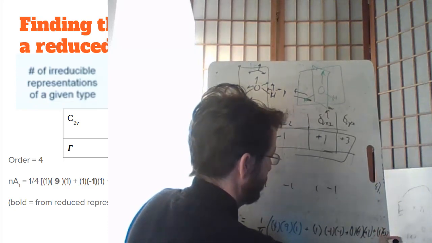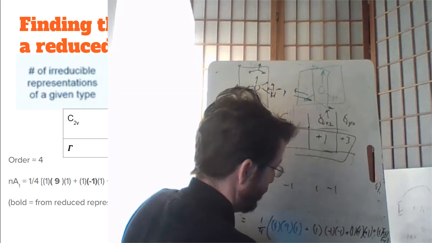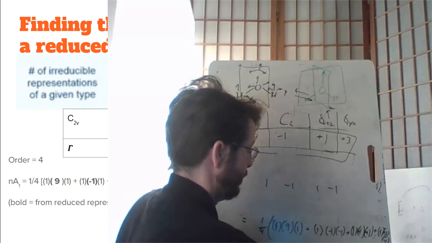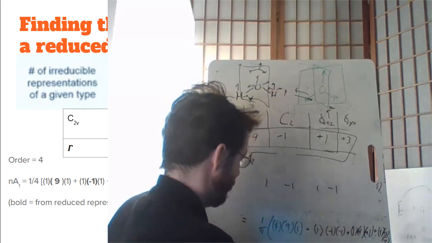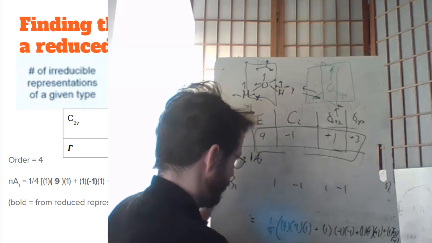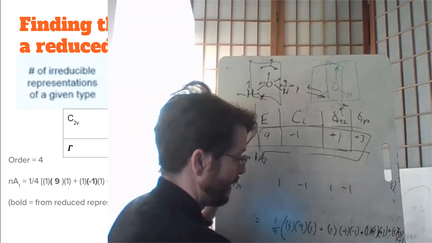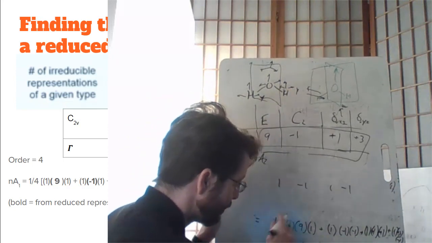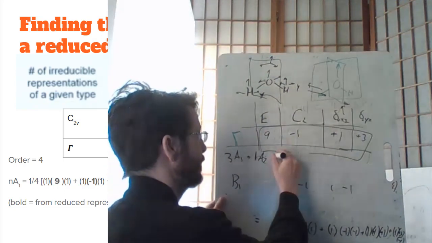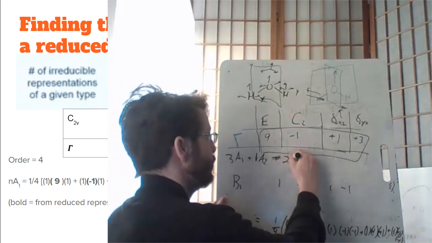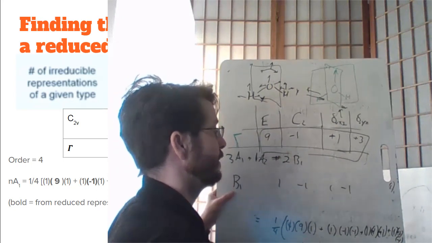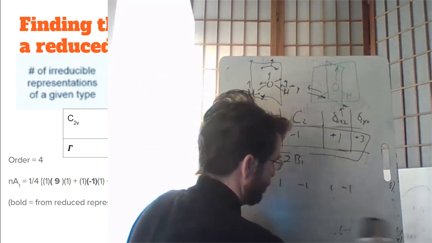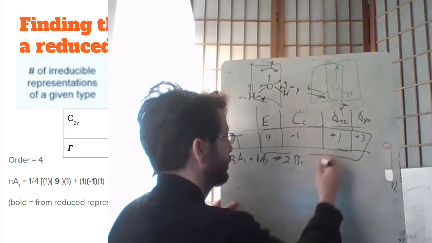negative 3, 1, 1, 1. This will equal 2. 9 minus 9, 10, 11 minus 3 is 4, 8. 8 divided by 4 is equal to 2, so that would represent 2 B1s within the system, and then we can do the same for B2s.